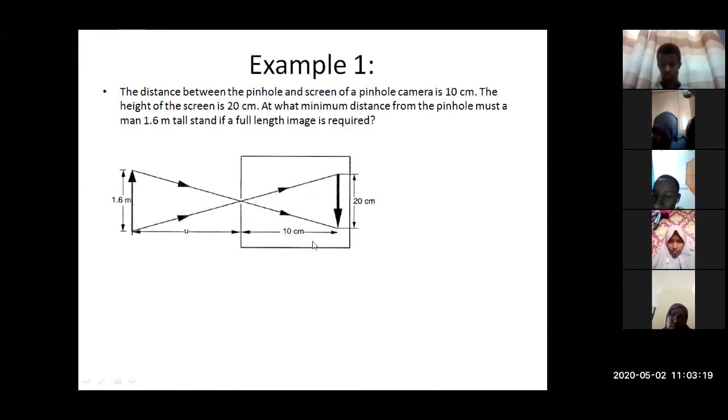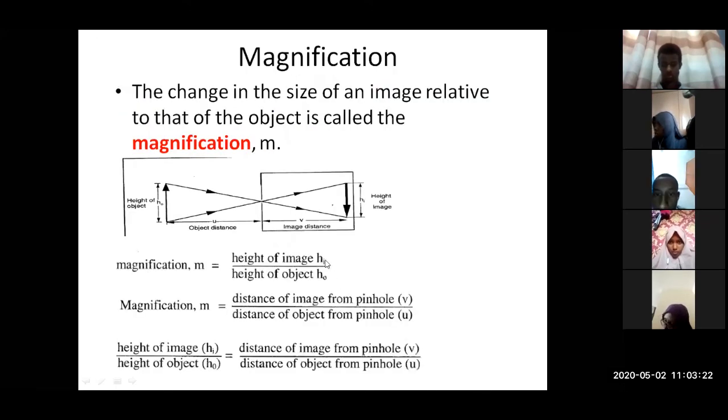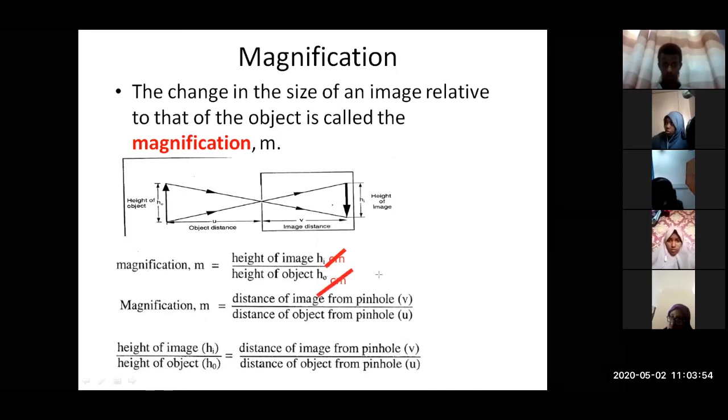Let me go back to he/ho slightly. The height of the image is in centimeters. The height of the object is also in centimeters. So if up here I have centimeter, and down here I also have centimeter, it is clear that the centimeter and centimeter will cancel out.